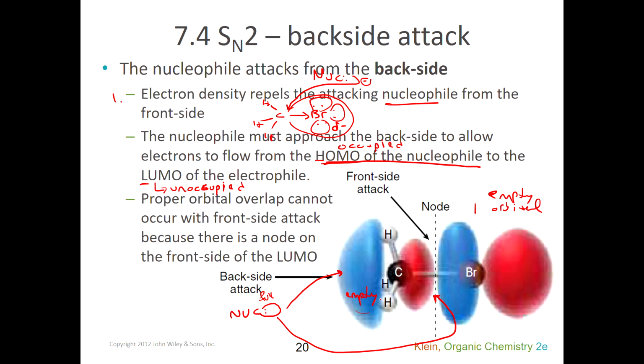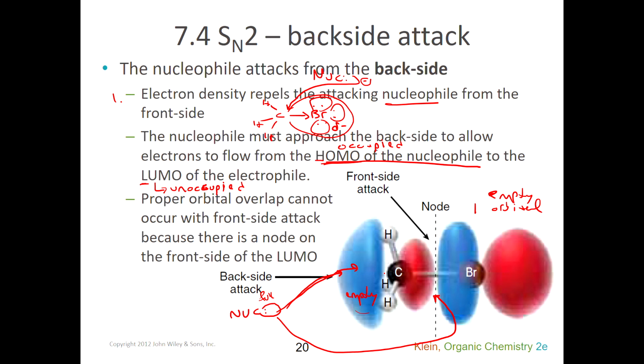But there's this nice fat area where the nucleophile can come in and effectively overlap its orbital with the existing empty orbital in the backside. And so the backside attack is always going to occur to facilitate the correct overlap and facilitate the total of 2 electrons existing in the area of overlap that will create a new molecular orbital and a sigma bond between the nucleophile and the carbon. So there definitely has to be backside attack.